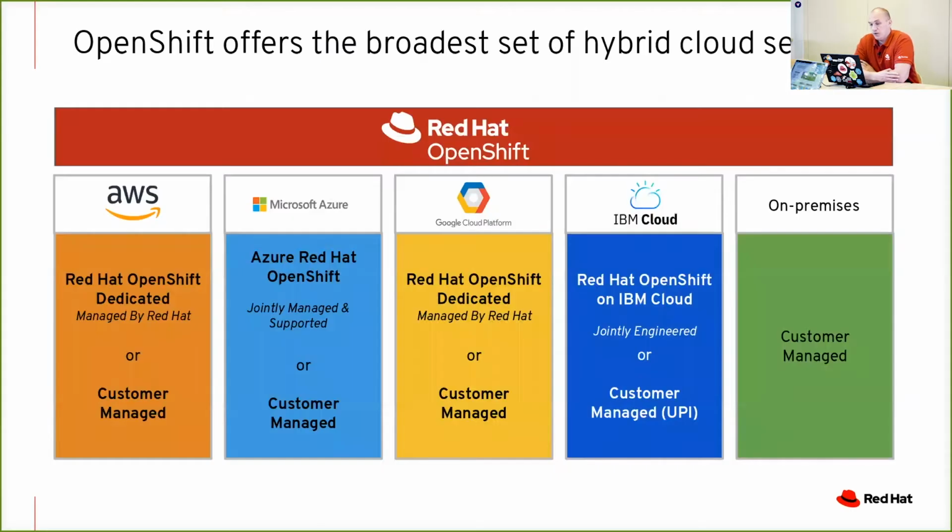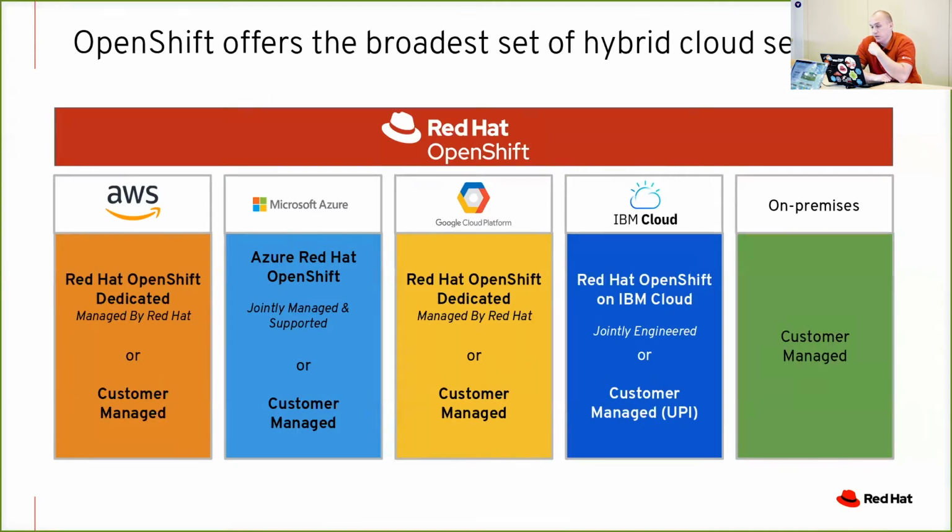So in general, you have two options. Either you will use OpenShift as a managed service. Currently, the four biggest public clouds, so AWS, Microsoft Azure, Google Cloud, and IBM Cloud, offer managed OpenShift as a managed service.